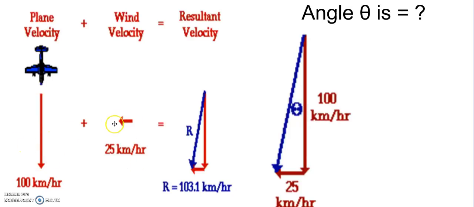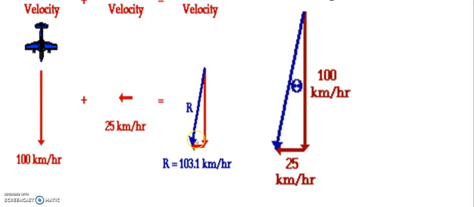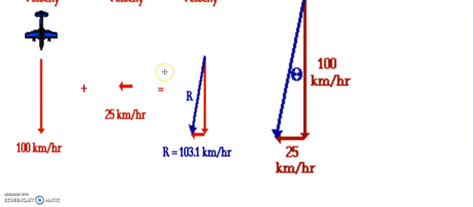Now, because these vectors are at right angles to each other, these are the components that make up the resultant vector. So if I know the two legs of a right triangle, it's very easy for me to find the hypotenuse of the right triangle.